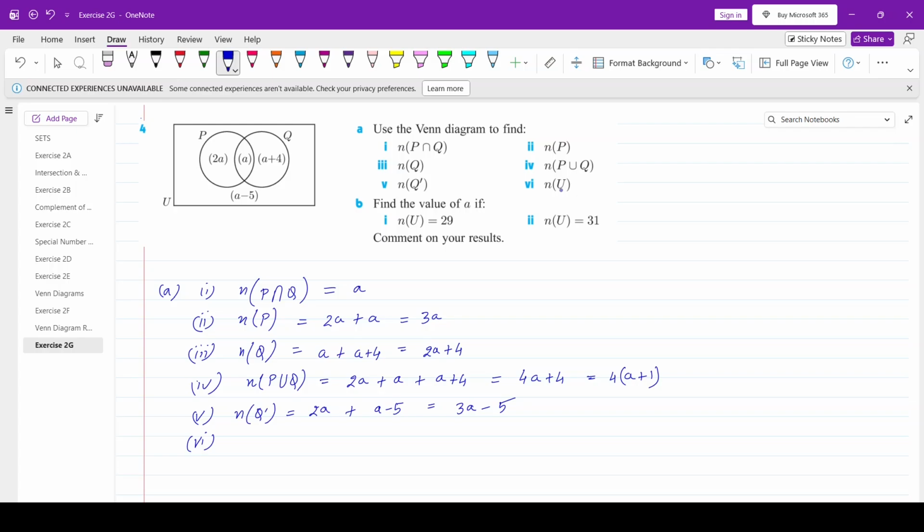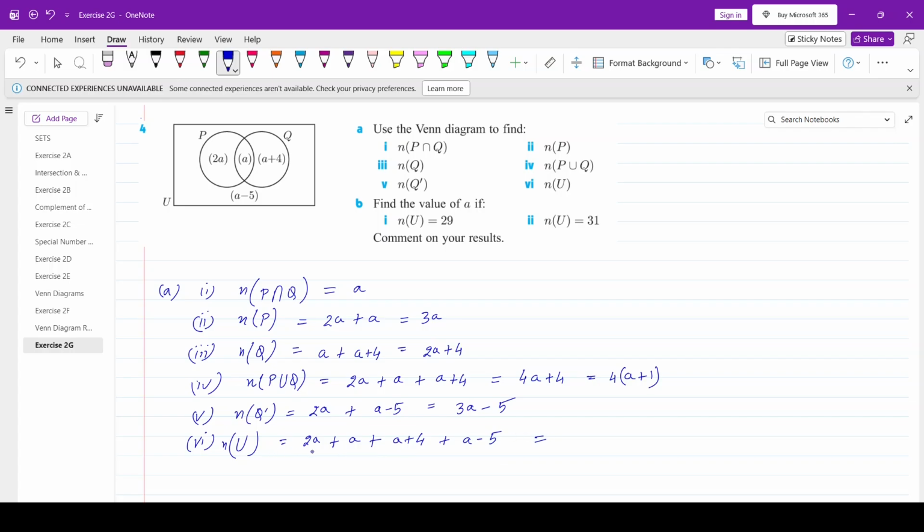Number of elements in U, the universal set. Universal set contains everything. Therefore, the sum of every region will be the universal set. 2a plus a plus 4, sorry, a plus 4 plus a minus 5.